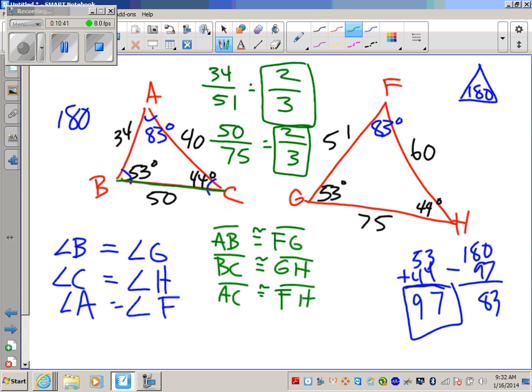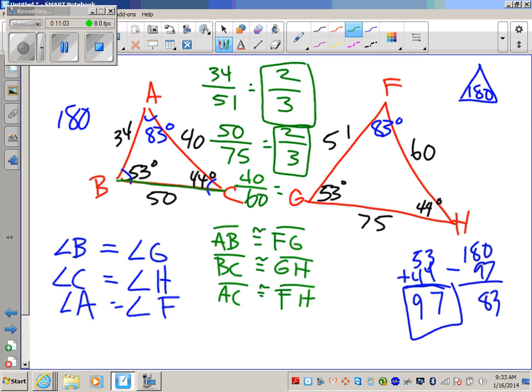How many 25s, how many quarters, and 50 cents is 2, and 75 would be 3. And then the other one we have to test is the one over here, 40 and 60. Are those sides also working on the 2 to 3 ratio?